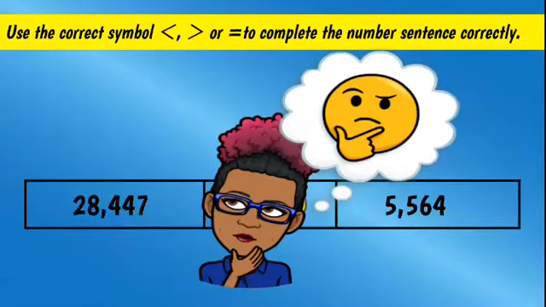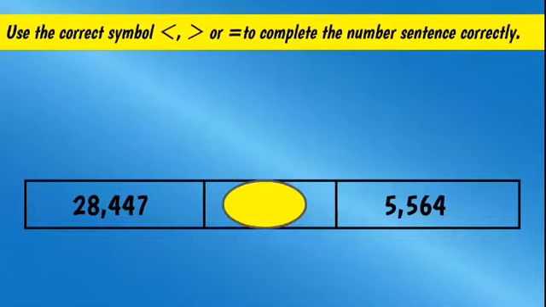We have to use the correct symbol, either less than, greater than, or equal to, to complete the number sentence correctly. 28,447, is it less than, greater than or equal to 5,564?